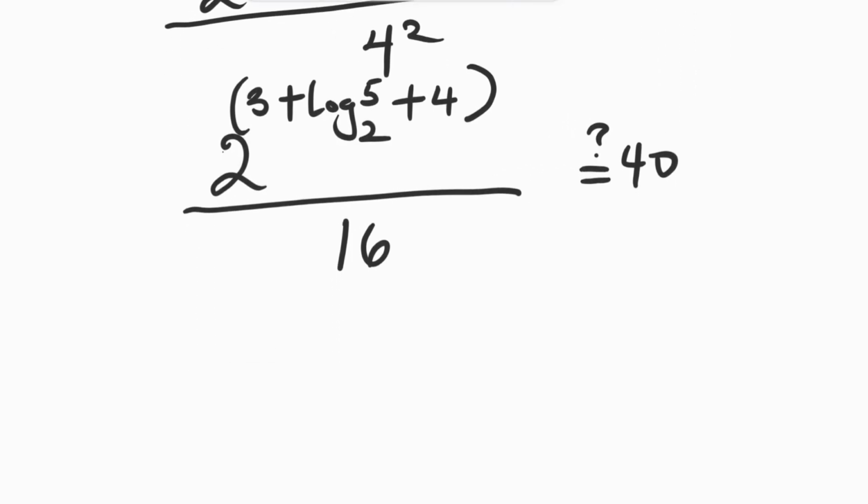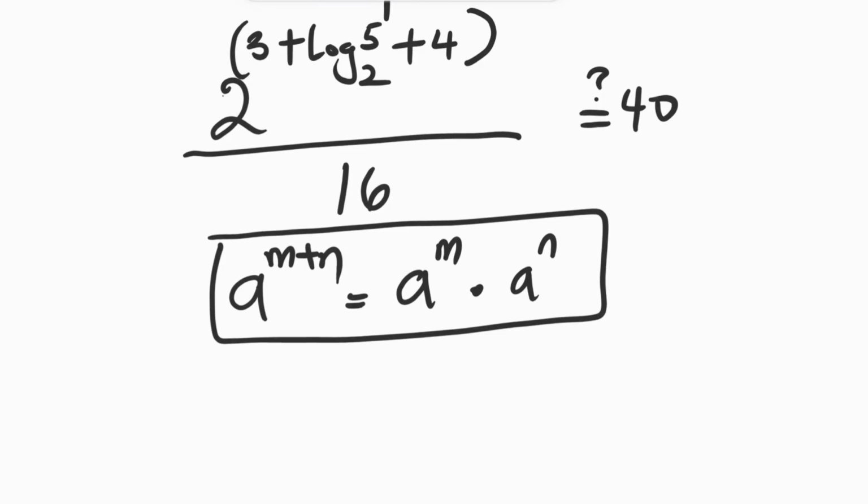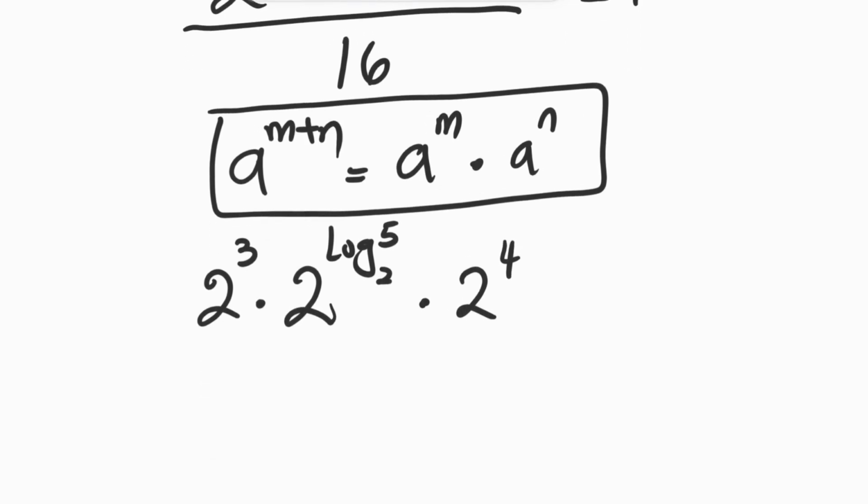Now, our law of indices states that when we have a raised to power m plus n, it is the same as a raised to power m times a raised to power n. Applying that to the numerator of the left-hand side, we now have 2 raised to power 3 times 2 raised to power the log of 5 base 2 times 2 raised to power 4, all divided by 16.